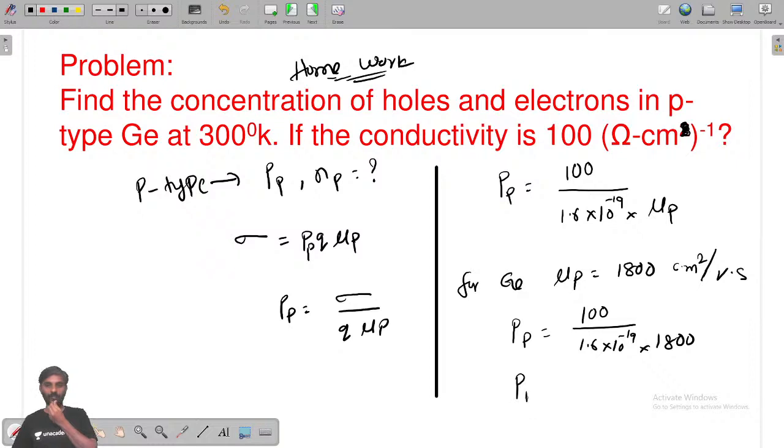I'll tell you the PP value. It's going to be 3.47 into 10 to the power of 17 per centimeter cube is the answer.